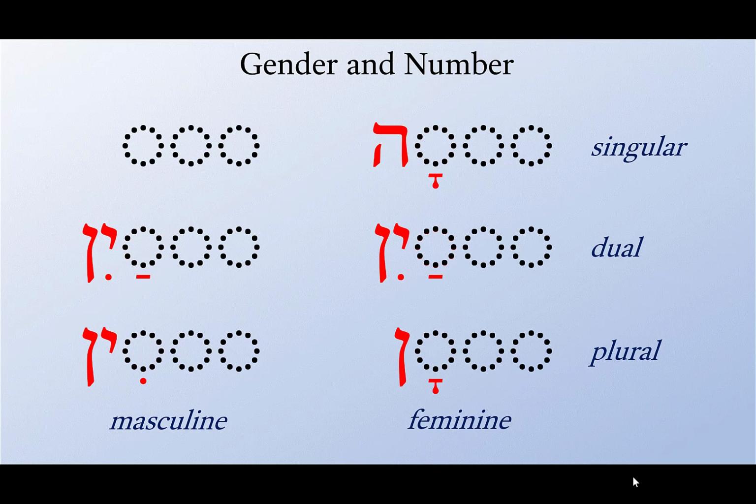Now I'm displaying on the screen here the various gender and number combinations. So on the left, masculine, on the right, feminine. First line, singular, second dual, third plural. And this is a little bit notional because it just so happens that there are no masculine dual nouns in Biblical Aramaic. If there were, they should have the ayin ending just like in the feminine dual form.